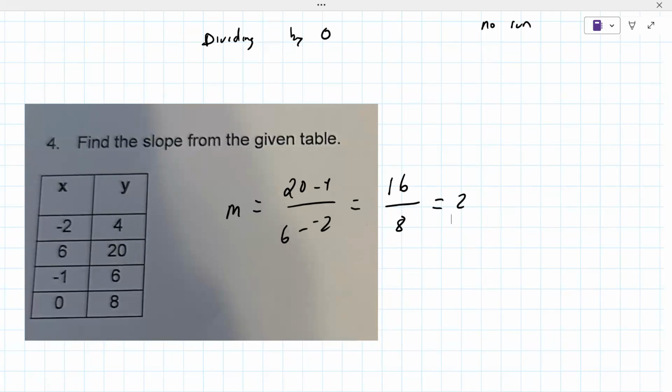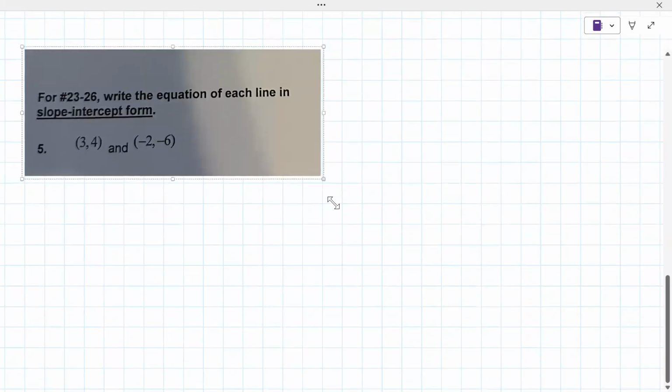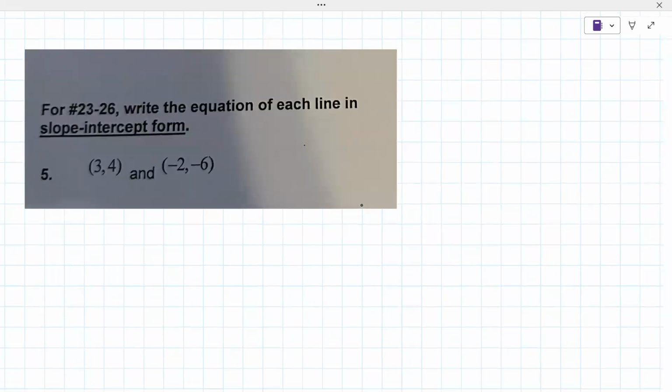So number 5 and 6 look like you have to first determine the slope, and then they want it in slope-intercept form. So let's start with the slope of this one. So the slope is -2.